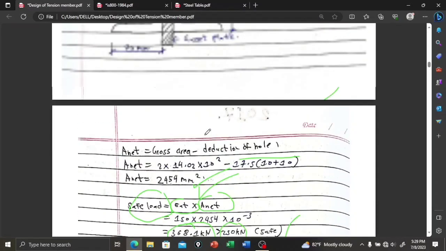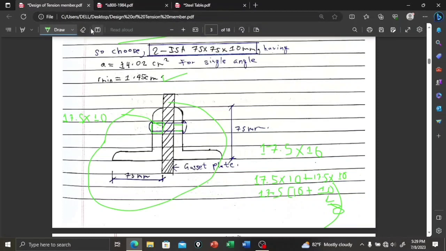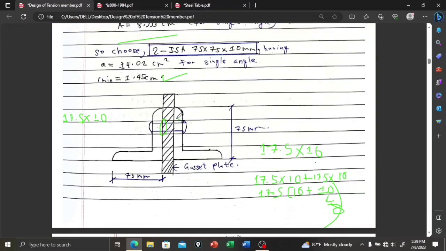The area that will resist shear force, in this type of connection where two angles are connected on both sides of the gusset plate, is this area and this area. This area is pi d square by 4, and this area is also pi d square by 4.